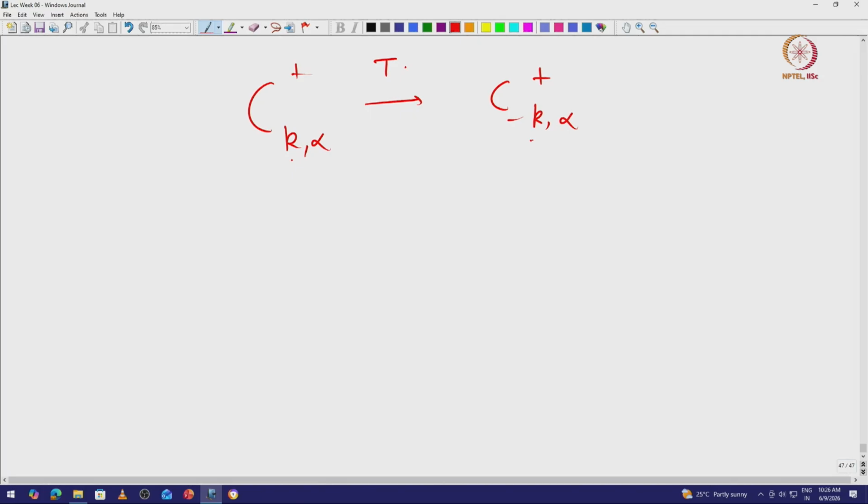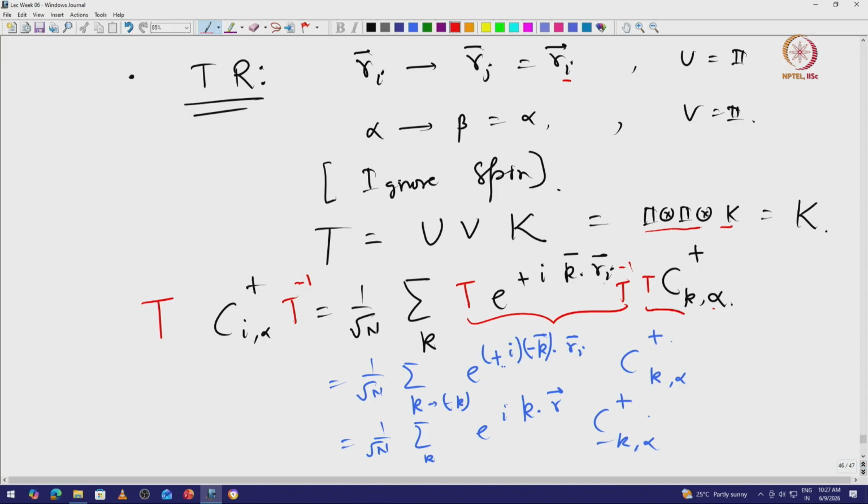One more potential confusion is that when time reversal acts on this operator, there might be a tendency to make C go to C dagger, because of the complex conjugation. But that is physically not correct, because K is a complex conjugation operator that acts on any sort of i.